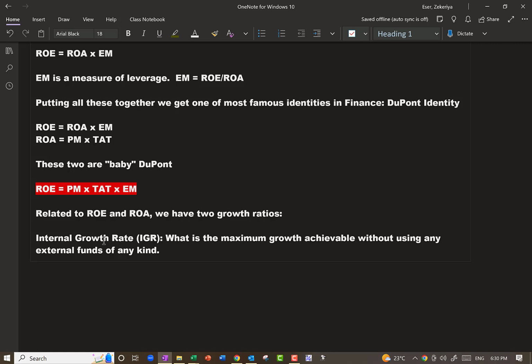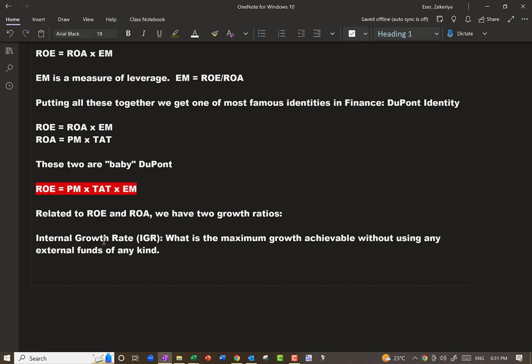So next year, you're not going to borrow more or raise more equity. Just using internal funds alone, assuming these ratios stay the same, what is the maximum growth you can achieve?